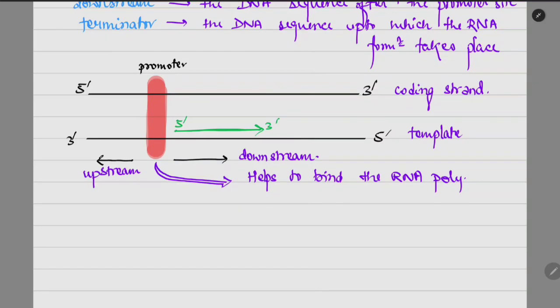Like I should draw it here, 1 2 3 4 5 6. So this is a box, known as the TATA box. This helps in the proper binding of the RNA polymerase. They are present in the upstream region of the DNA sequence.